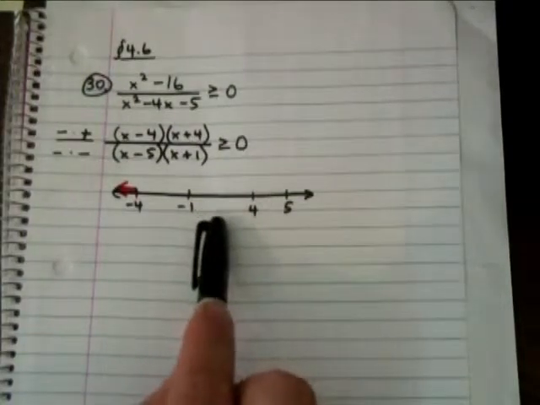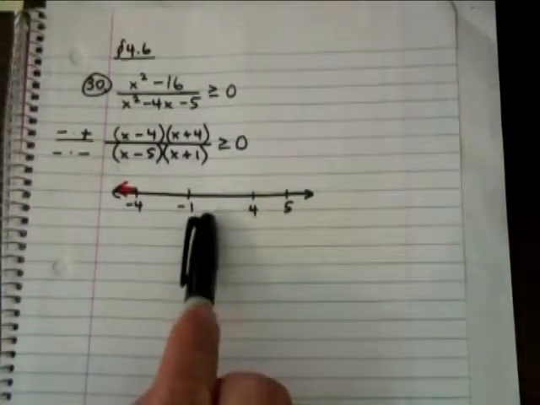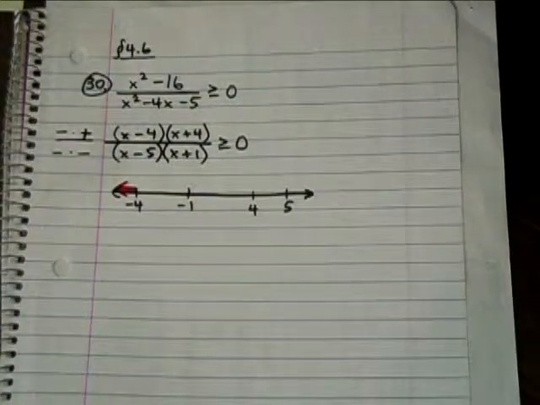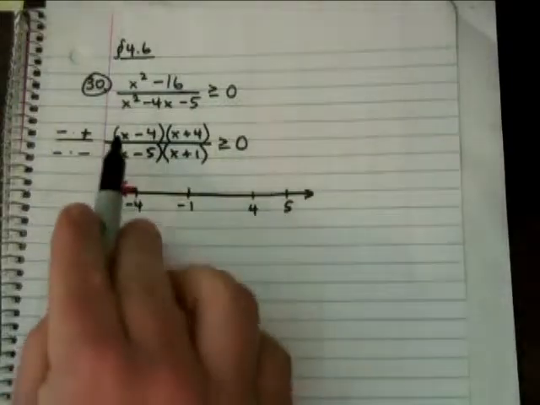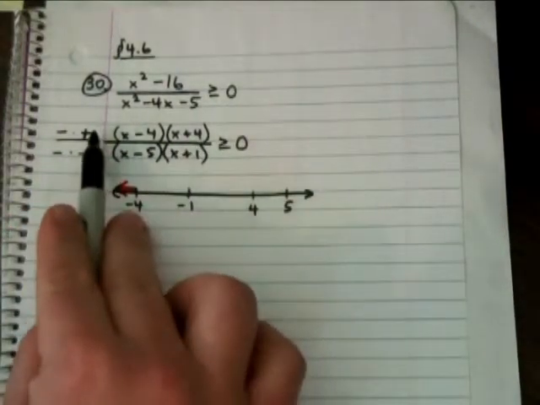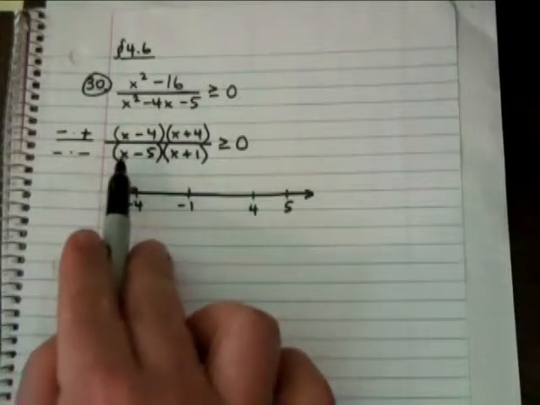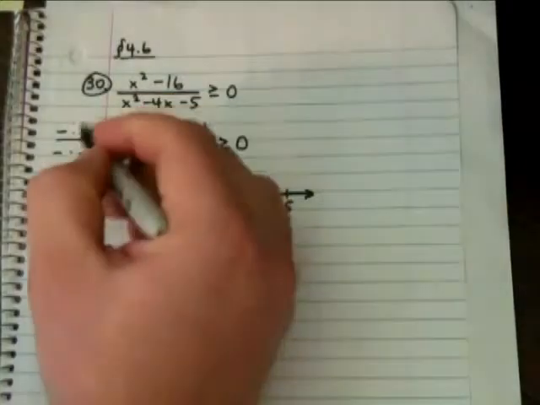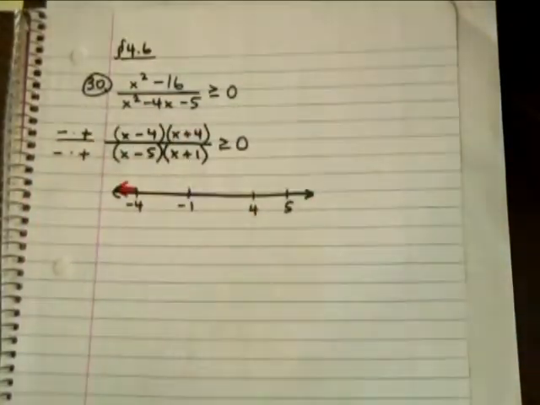Next, choose a number out of the following region. I'm going to use the number 0 since it's between negative 1 and 4, and it's usually an easy number to work with. So 0 minus 4 is negative. That hasn't changed. 0 plus 4 is positive. That didn't change. 0 minus 5 is negative, that's fine. 0 plus 1, however, is positive.